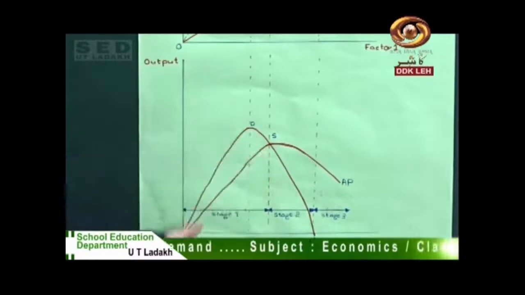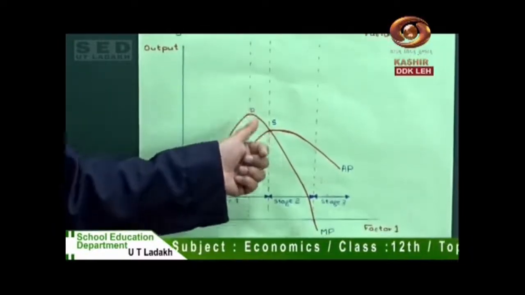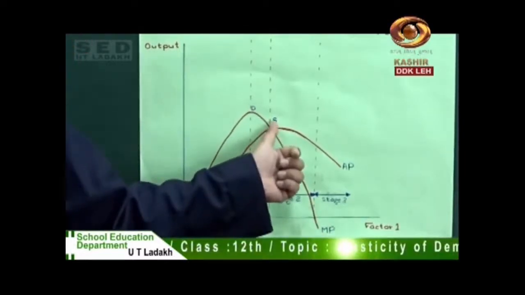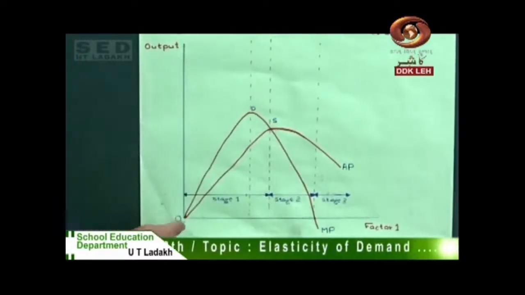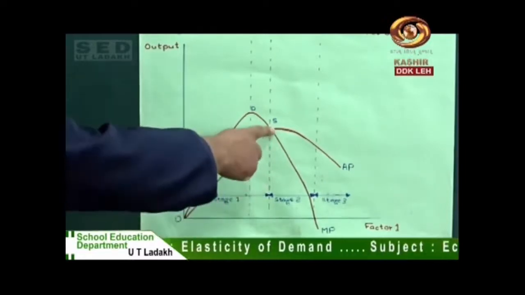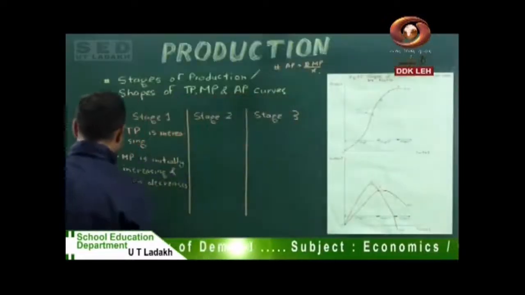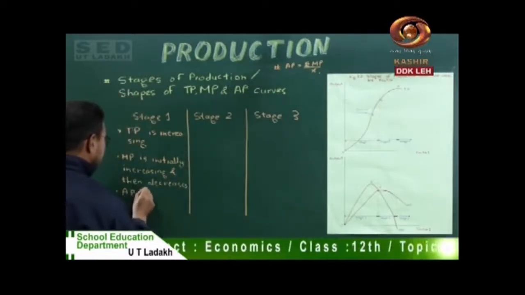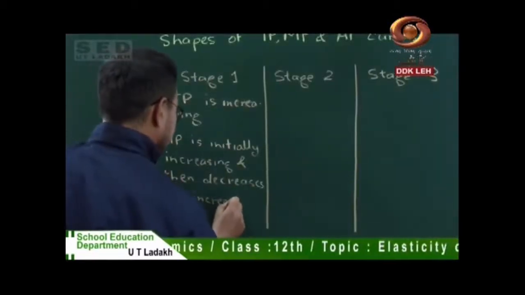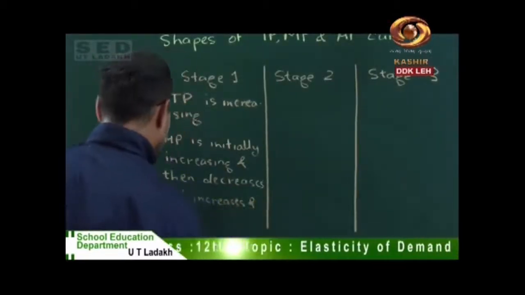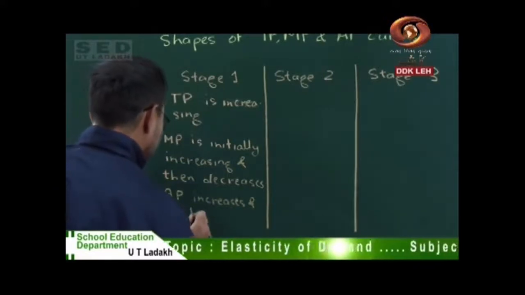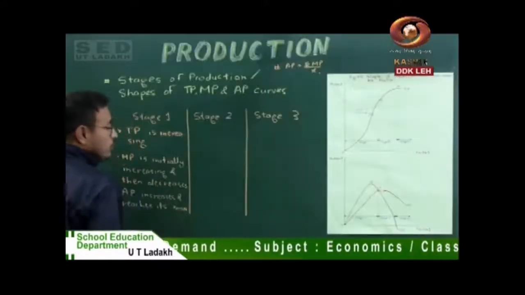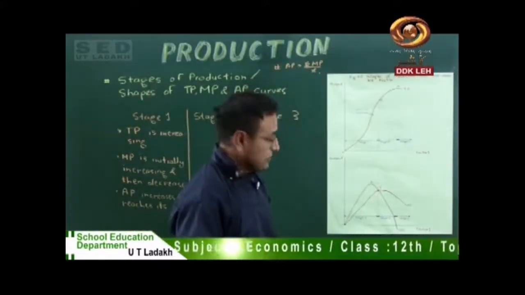MP increases, but after some point it starts decreasing, while your AP is still increasing. So as a whole, in the first stage, AP increases and reaches its maximum value. So this is your stage first.